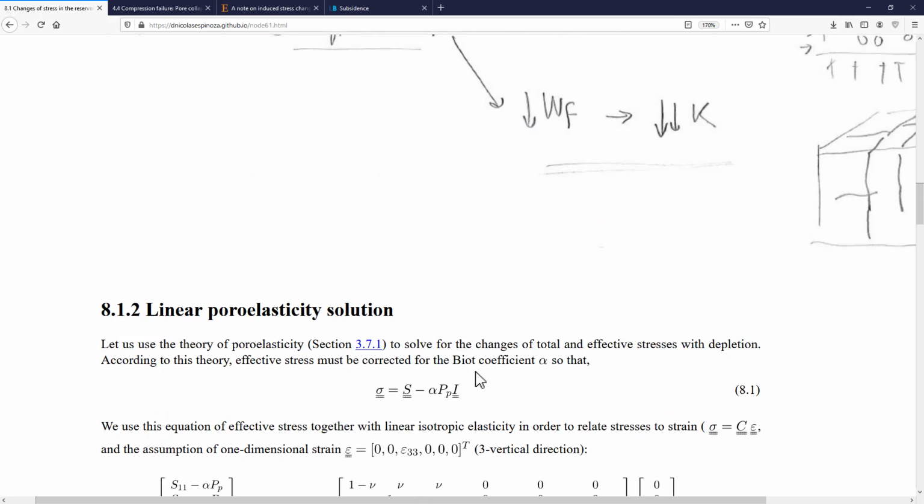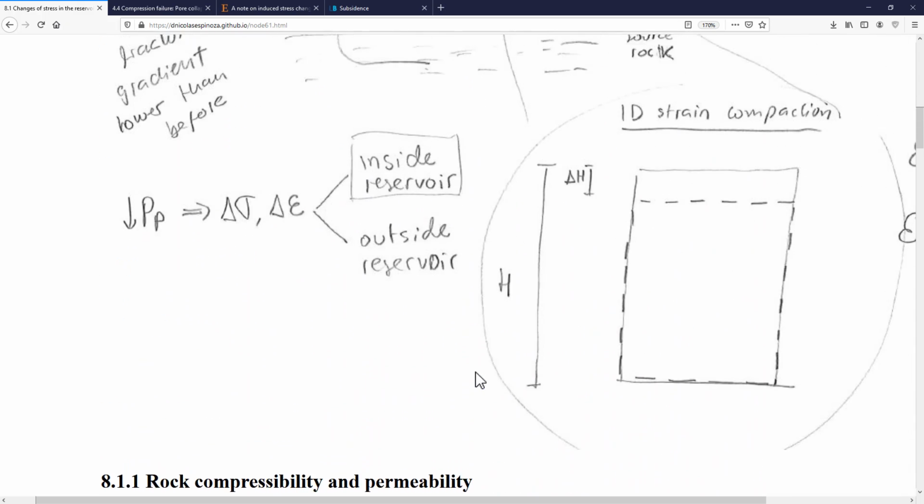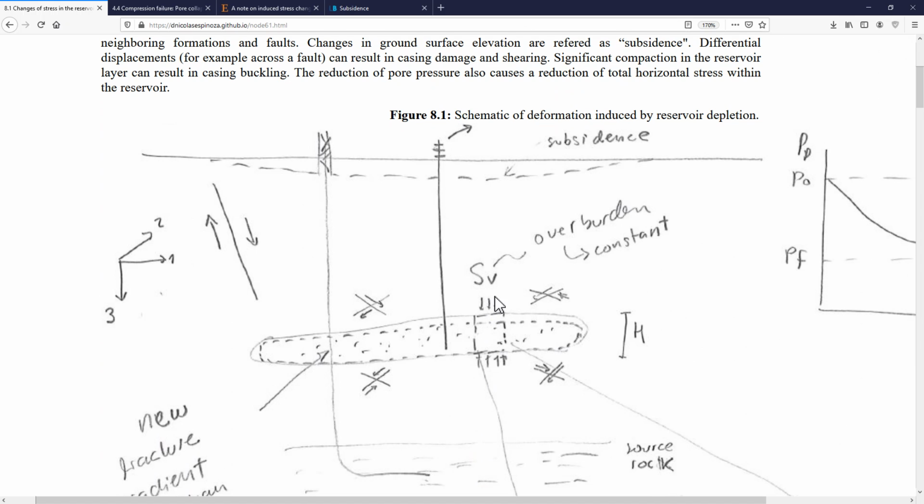And we're going to assume, based on our schematic over here, that S33, the total vertical stress, is not going to change. Basically, what we're saying is that even if I change the pressure in the reservoir, the total weight of the rock on top of the reservoir is not going to change.